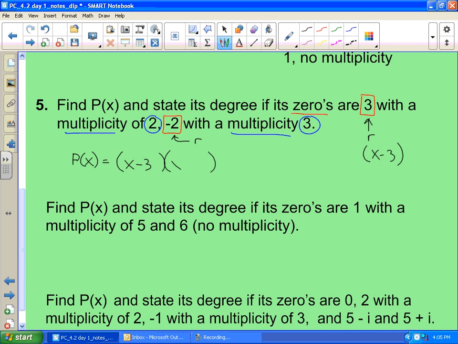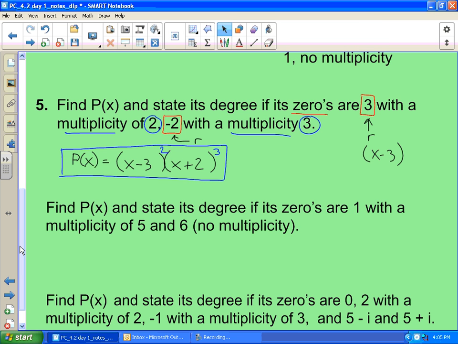And that would mean x minus a negative 2, or x plus 2, would be that factor. And then now we simply put the multiplicities together. The 3 had a multiplicity of 2, which means it gets a power of 2. The negative 2 had a multiplicity of 3, which means it gets a power of 3. And this would be our polynomial written in least degree form for that information that was stated.